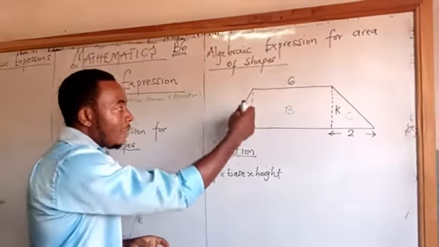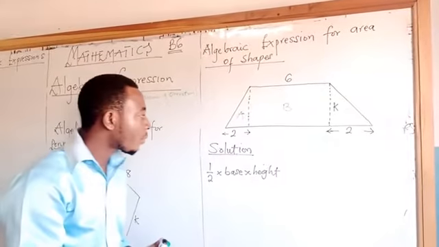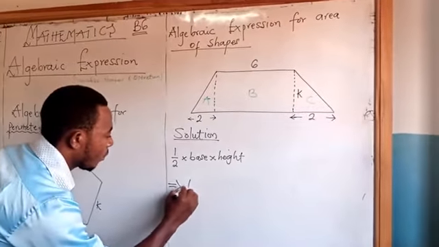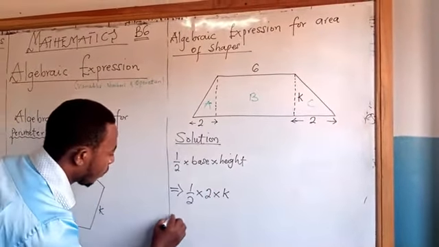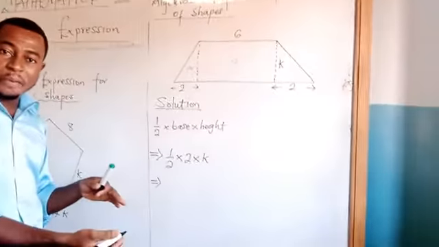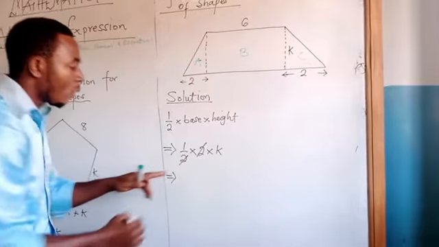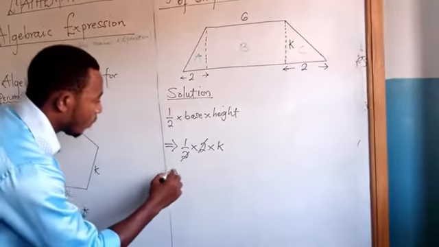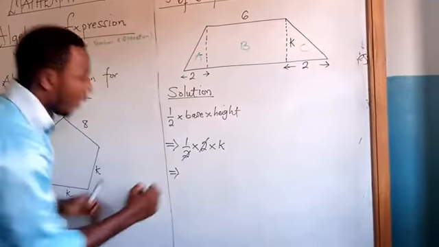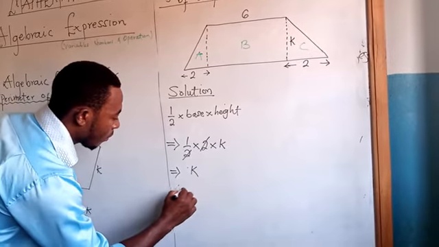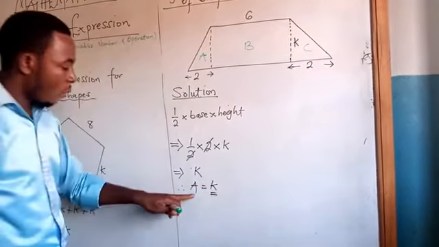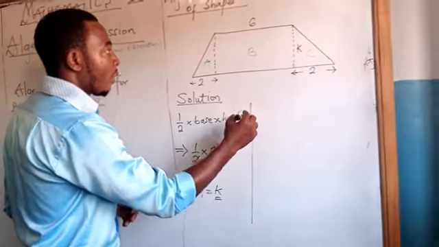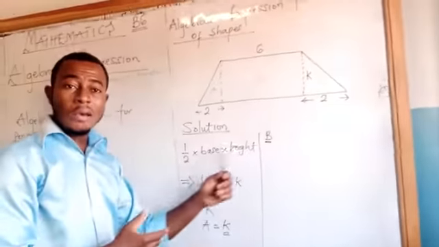And so my height is given as K. So I further simplify. 2 will divide 2, and then multiply numerator by K. That is A, the first one. Now I want to solve for B.